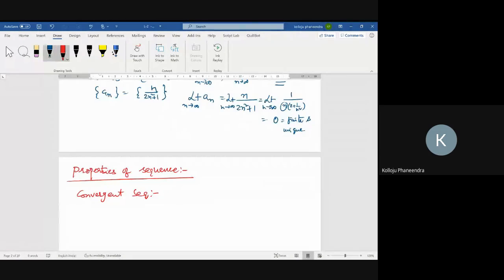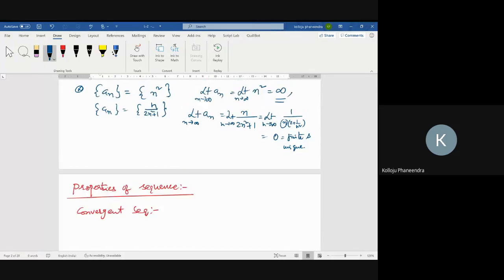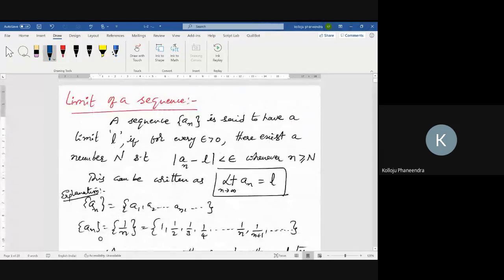Okay, let me explain again from the beginning because the audio was not recorded at the start. See, once again, I'm explaining. Limit of a sequence means, first one, limit of a sequence.